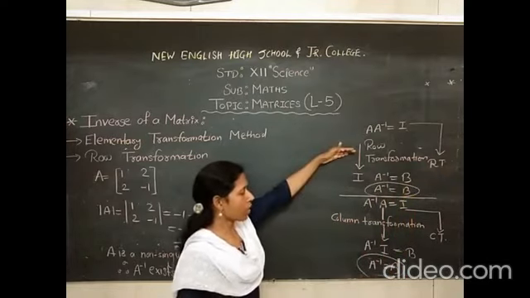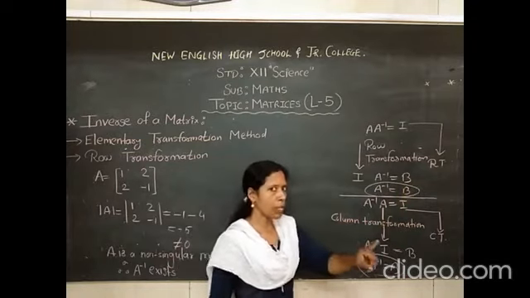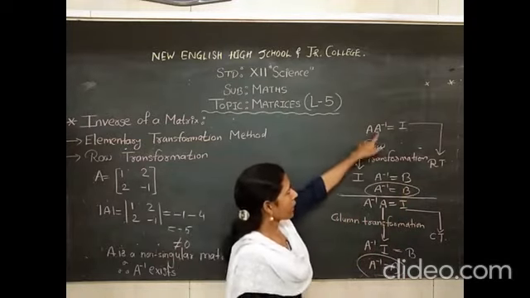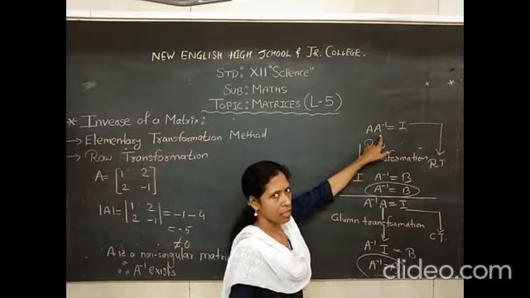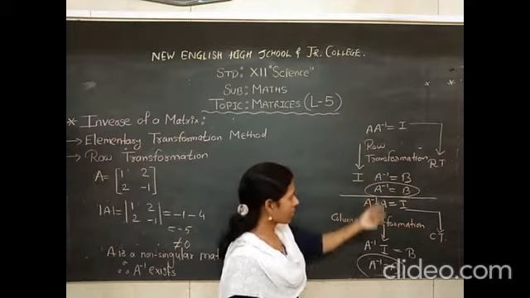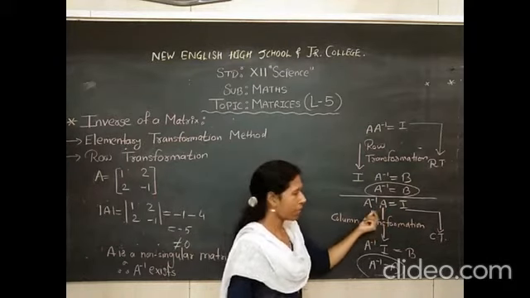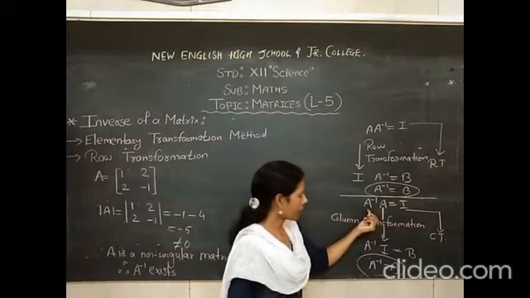This one is row transformation, this one is column transformation. In row transformation, always remember, you will write A inverse on the right hand side of A. That is post multiplication. In the case of column transformation, A inverse is pre-multiplied.